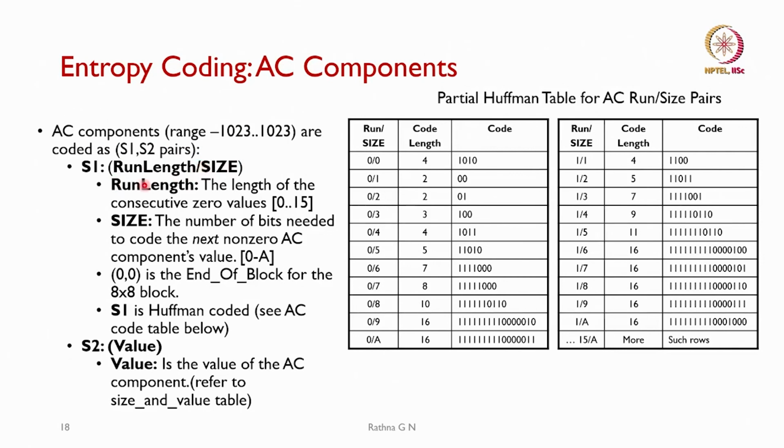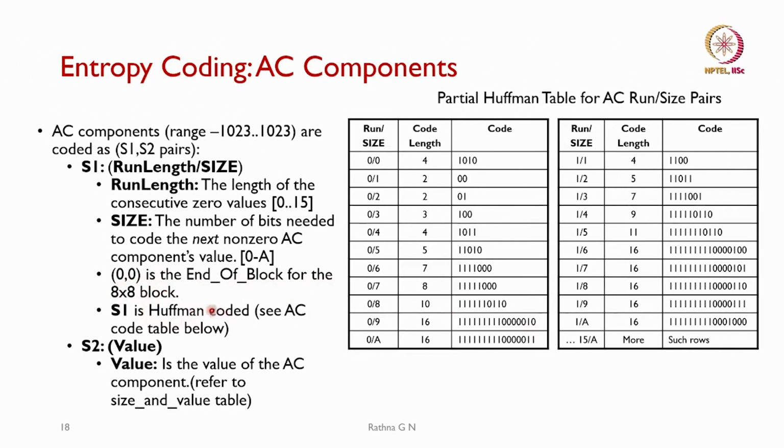How do you take the run length? It is the length of consecutive 0 values, from 0 to 15. You will see that a lot of them have zeros, so you take the run length and then code it. The last value will be 0 comma 0, which is the end of block for the 8 by 8 block.